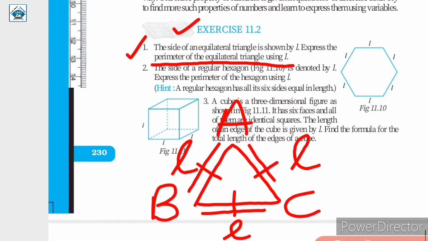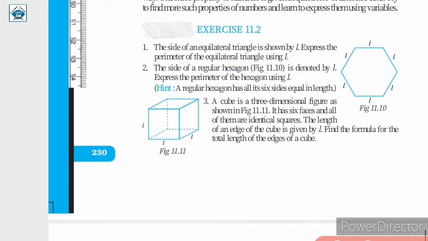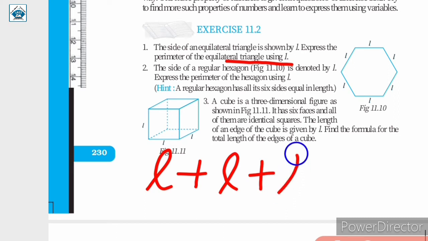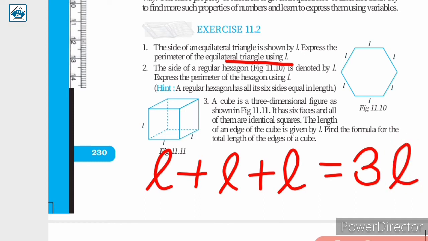Then we will get the perimeter of this equilateral triangle. Since all these sides are equal to L, we can write this as L plus L plus L. That is, the perimeter of the equilateral triangle having one side as L will be equal to L plus L plus L, adding all the three sides. So this will be equal to 3 times L. So this is equal to 3L.